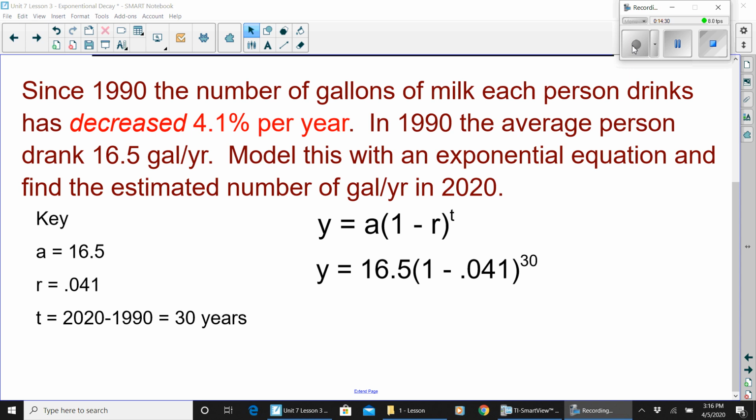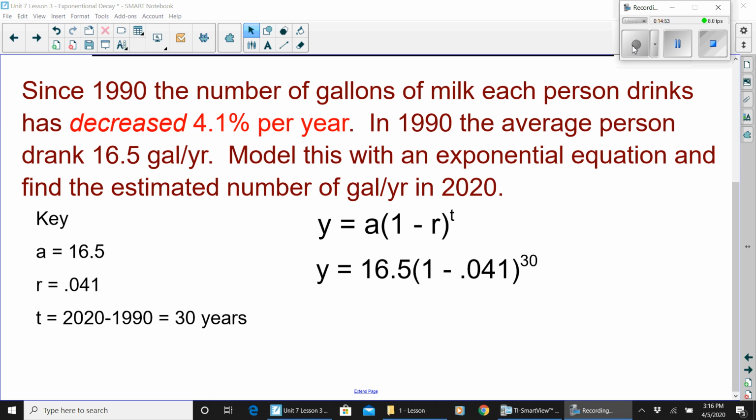The time, it says model this with an exponential equation and find the estimated number of gallons a year in 2020. So it starts in 1990. So you take 2020 minus 1990, and it's 30 years. So that's your t, 30 years.